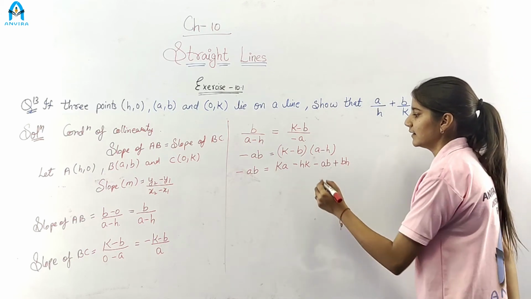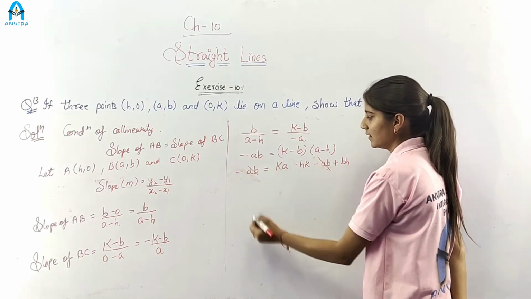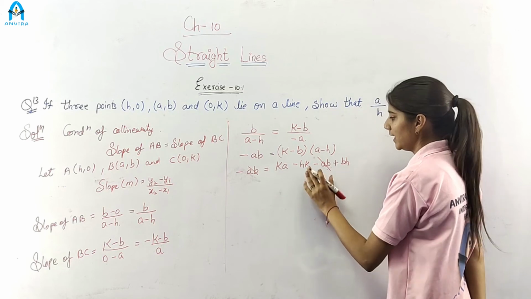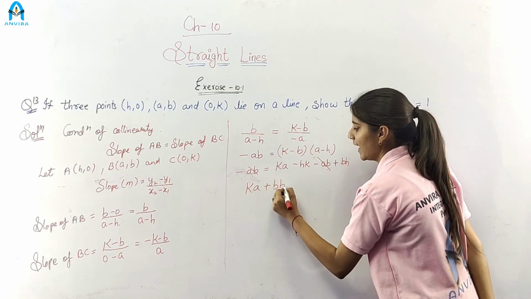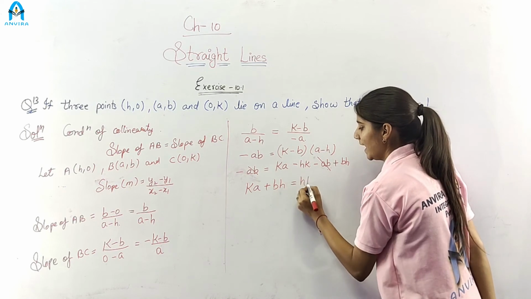So I can write it as, minus ab cancelled out, so it can be written as ka plus bh is equal to hk.